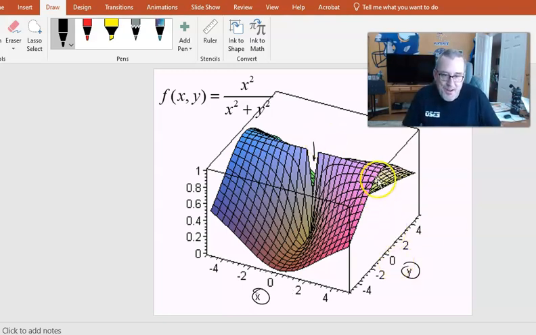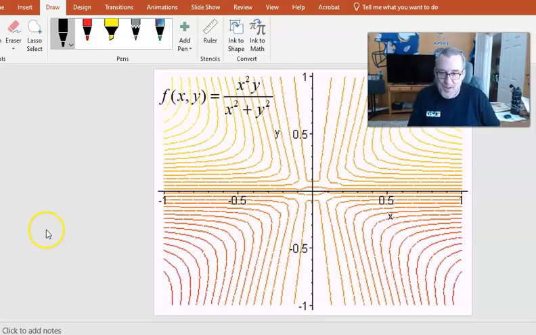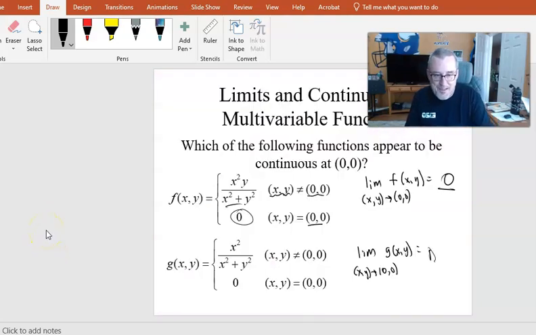Depending on how x and y approach (0, 0), we could output values up here closer to 1, or values down here closer to 0, or somewhere in between. And so the limit doesn't even exist, because depending on how (x, y) approaches (0, 0), z could be closer to 1 or closer to 0. You've got this disconnect, this discontinuity at (0, 0). So we say this limit does not exist, and we see a discontinuity at (0, 0).